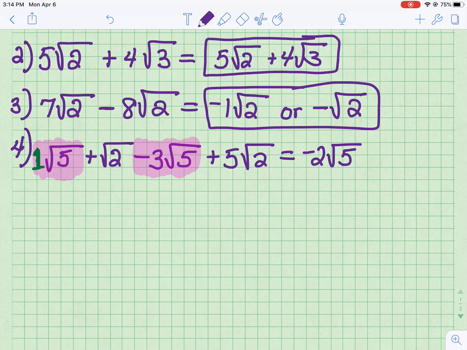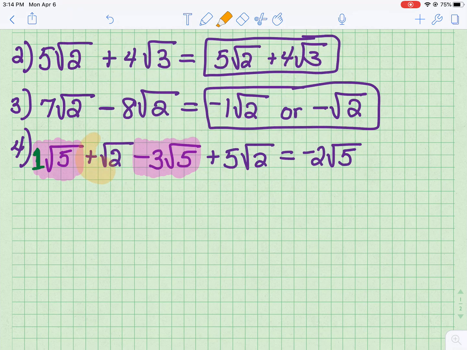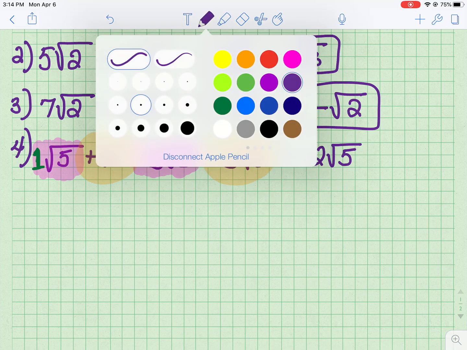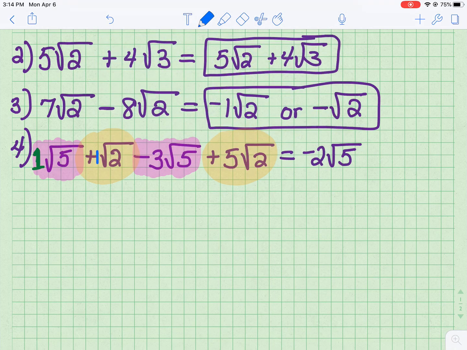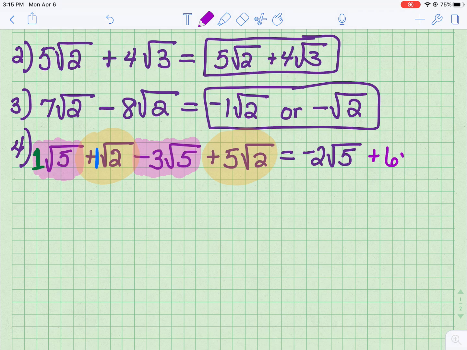Okay? And then I'm going to look and see at my root 2s. Are there any root 2s that can be combined? Well, I have a 1 root 2 and a 5 root 2. As long as the number under the root is the same, we can add them up. Again, we have an invisible 1 in front of this one. So we have a 1 root 2 plus a 5 root 2. And so that's going to give us a 6 root 2.